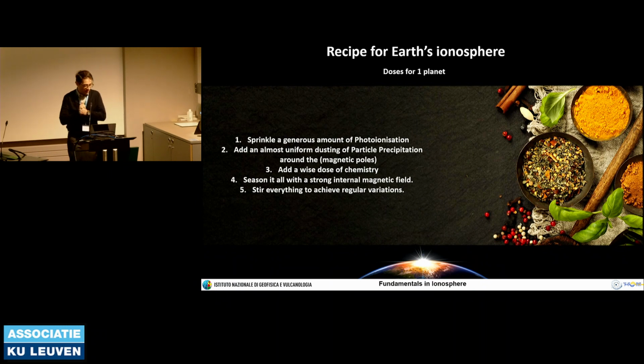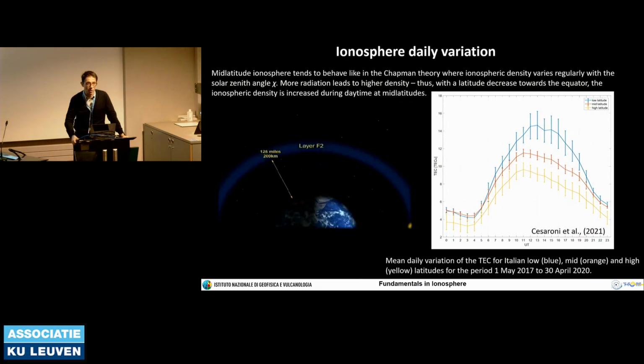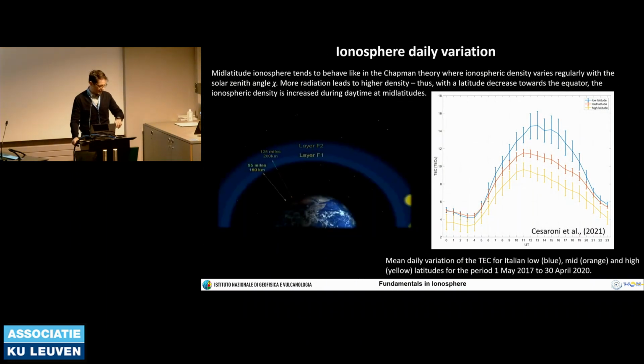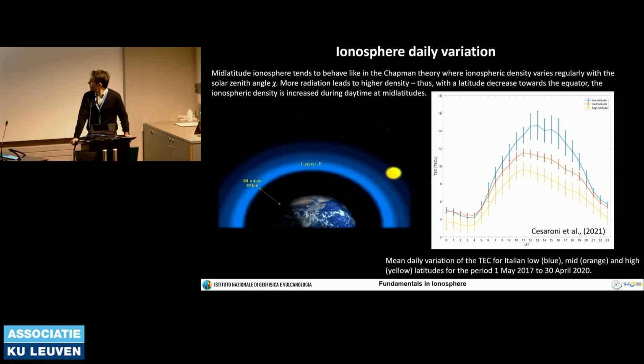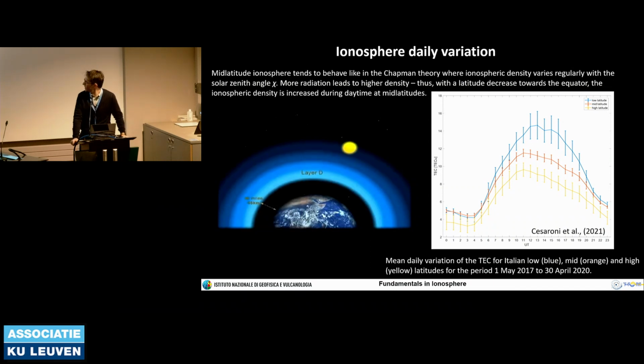We have to steer everything to achieve the regular variation. So the most important regular variation you have already seen is the day-night variation. You may see here another way of thinking about this. This is the mean daily variation of the total electron content above Italy.